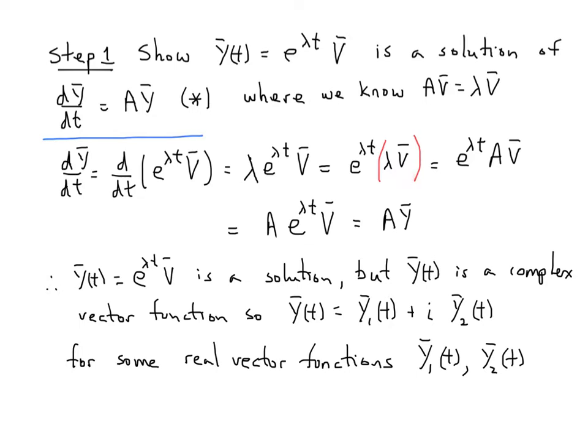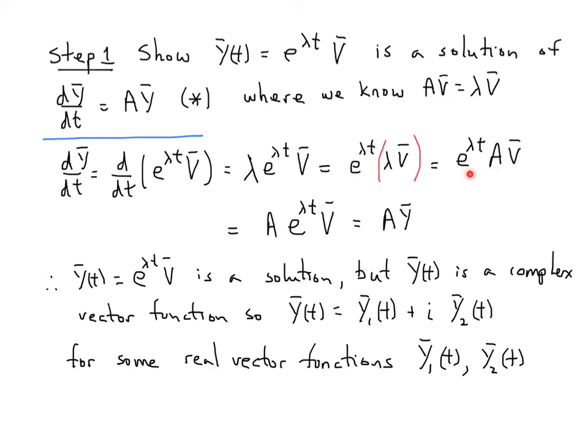is recognizable. Lambda v can be replaced with Av. We've replaced it here with Av. And then continuing down here, this isn't the commutative property, this is a property of matrix multiplication.